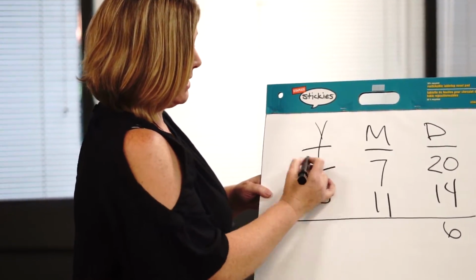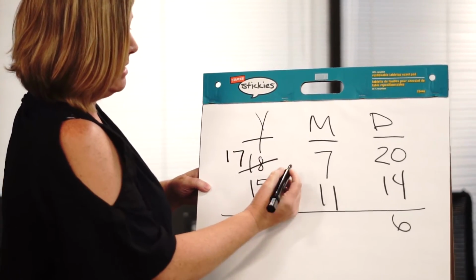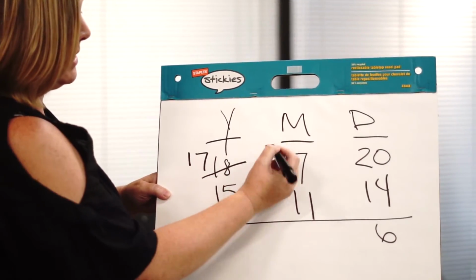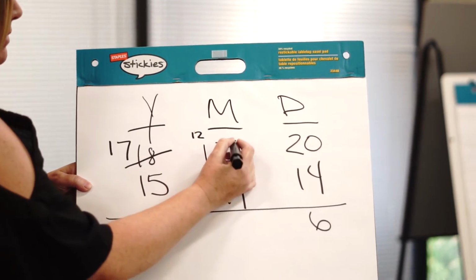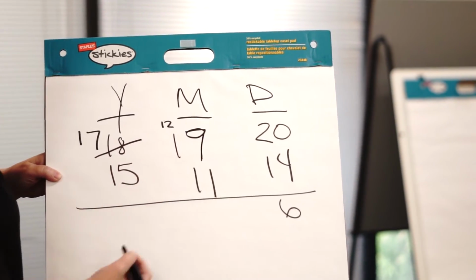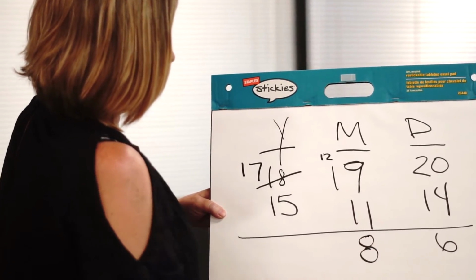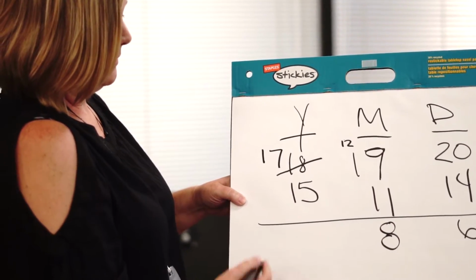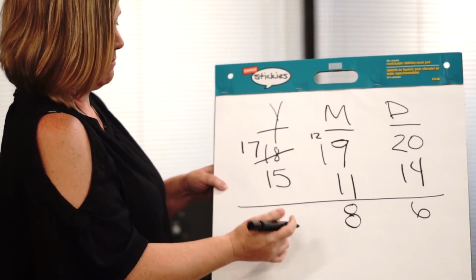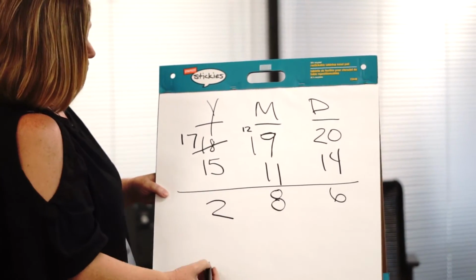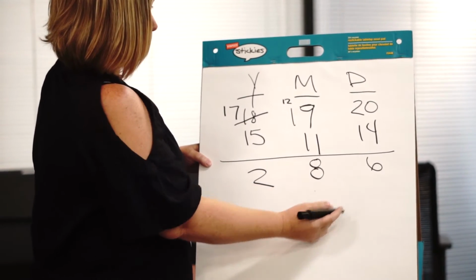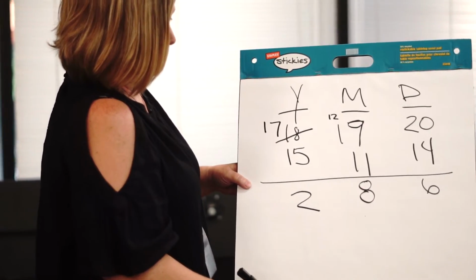So this becomes 17, and then I'm going to add 12 months to this, so this actually becomes 19. Right? And then I'll do the math. Now this is simple, so it's 17 minus 15. So this child is 2 years, 8 months, 6 days.